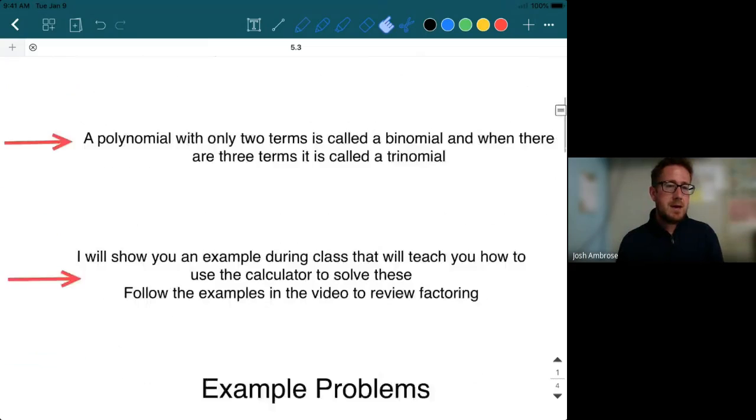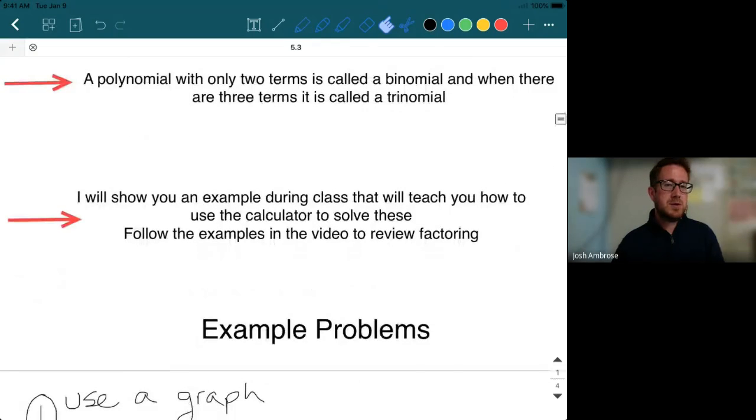Then some more terms that I want to make sure you know. If you have two terms in a polynomial, like 3x minus 5, that specifically is called a binomial: bi for two, nomial, like the number function. If you have three terms, it's called a trinomial. Tri, that's three.